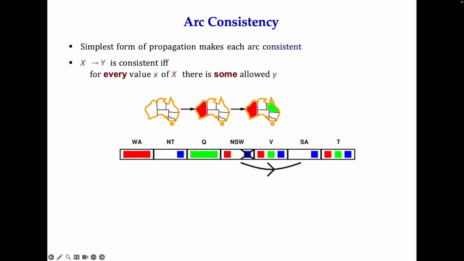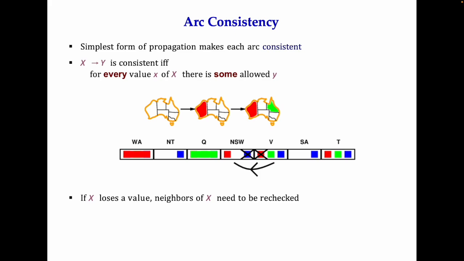While with arc consistency, you see that now we are going to check all of them. Because New South Wales, NSW here, lost a value, because we removed blue from here, we must check all its neighbors again. So we don't stop there, which was the case, for example, with forward checking.